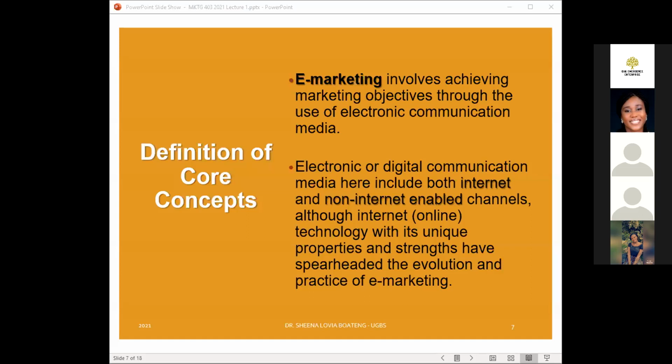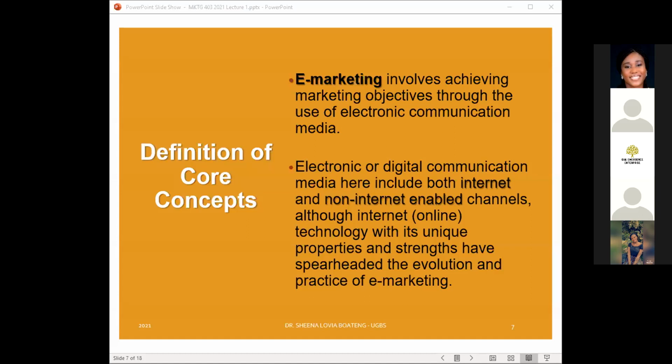However, because of the popularity and the proliferation of the internet, it is the primary means by which marketers operate now. That is not to say that the other technologies are not also being used, because the USSD technology Darius talked about, television and radio advertisements, and electronic billboards are all very much in use today.